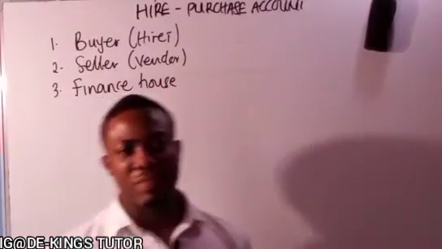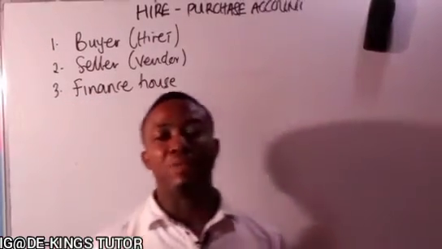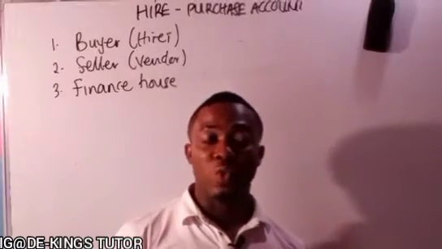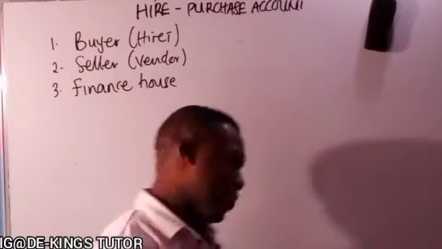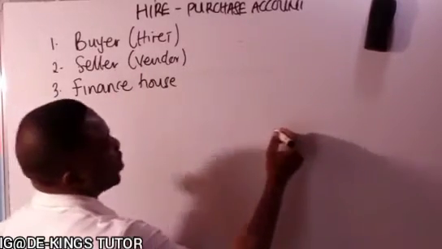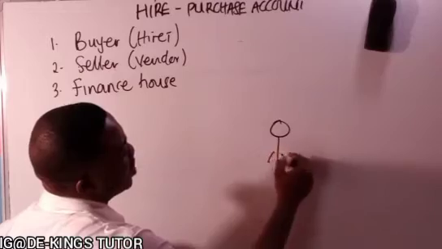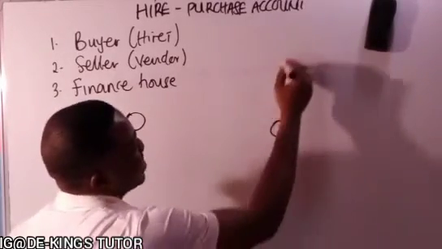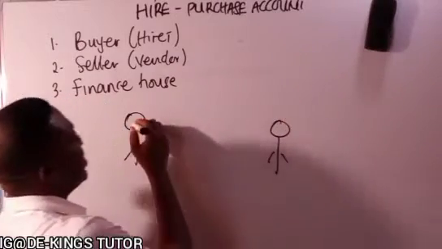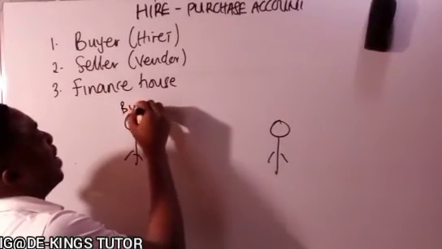Now, who is the buyer? This is the individual that approaches another because he wants to make use of or get an asset. For instance, let me say we have two individuals and we have an asset. So this individual can be the buyer.